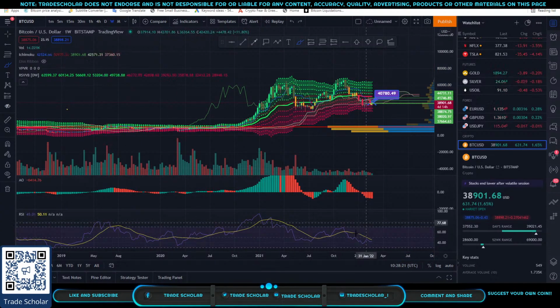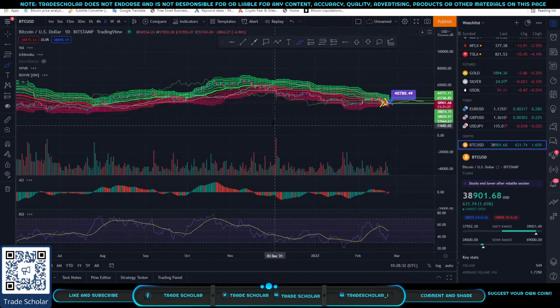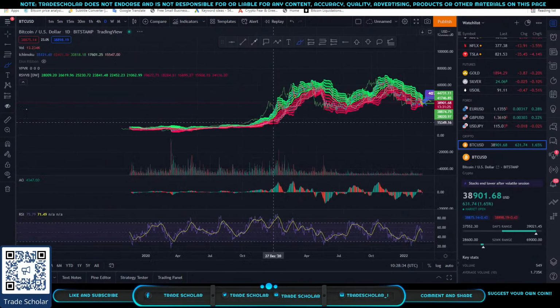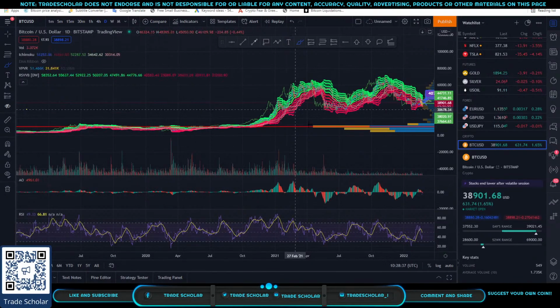Let's check the daily. Our RSI is still in the middle and below. We're gonna cross this moving average, and once we cross this moving average, that's bullish already. Right now we are below. Daily time frame, we are just in a healthy accumulating phase.